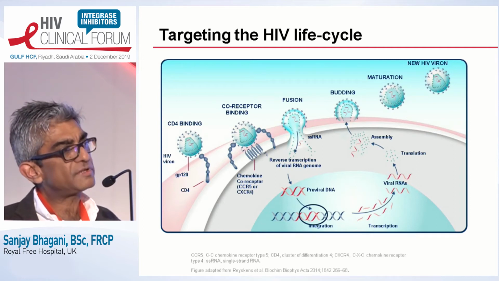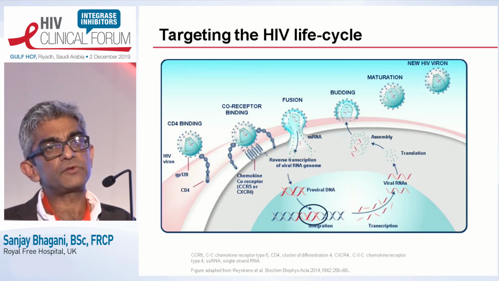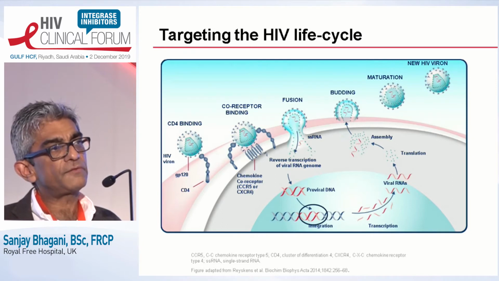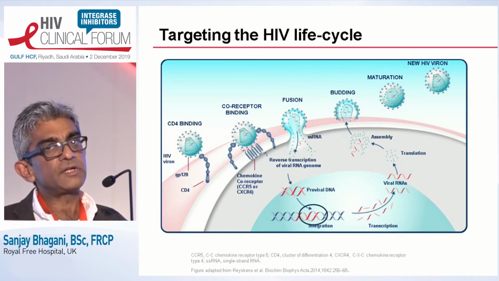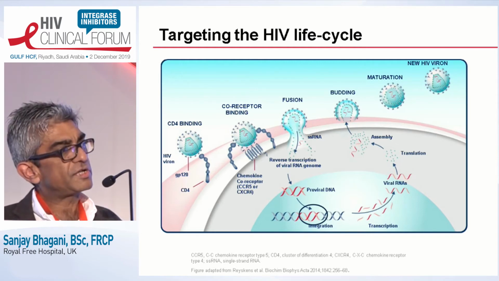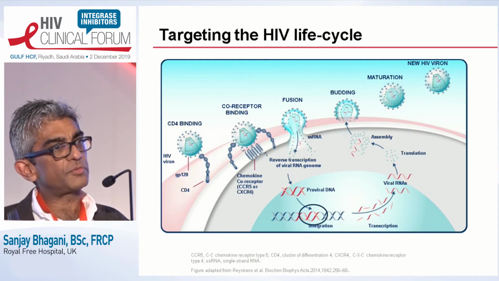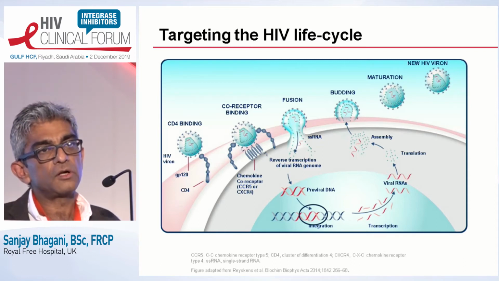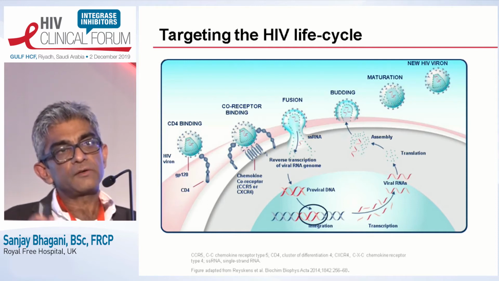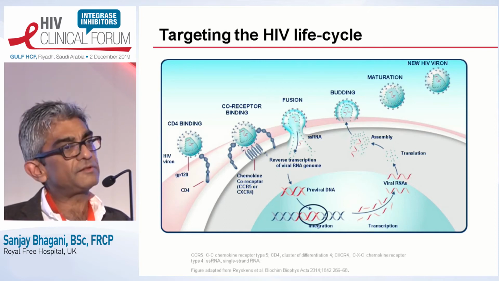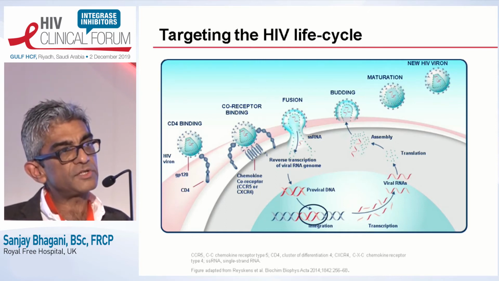One of the important steps in HIV replication is the integration into the host genome, and this is facilitated by the virally encoded and virally made integrase enzyme, which has a number of important roles, but one of its most important roles is to facilitate the transfer of the complementary DNA from the complex into the host DNA. And this is where integrase strand transfer inhibitors actually work.